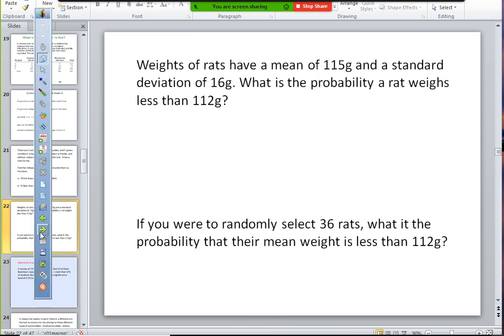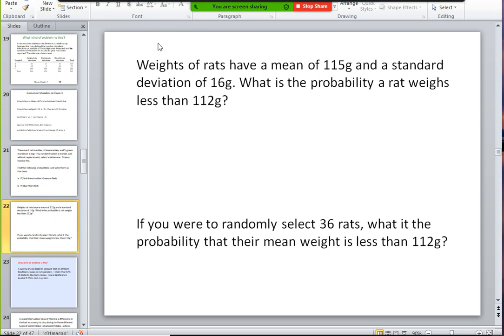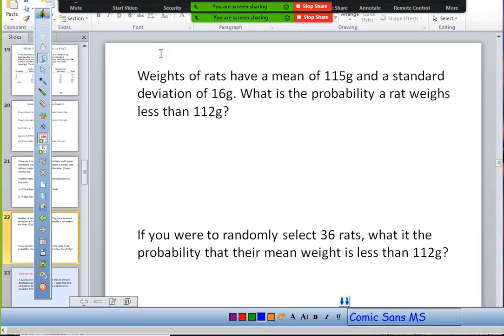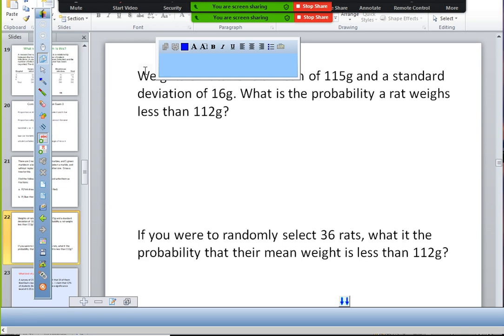It will also say on there, assume it's normally distributed. That will be a hint that you'll have.